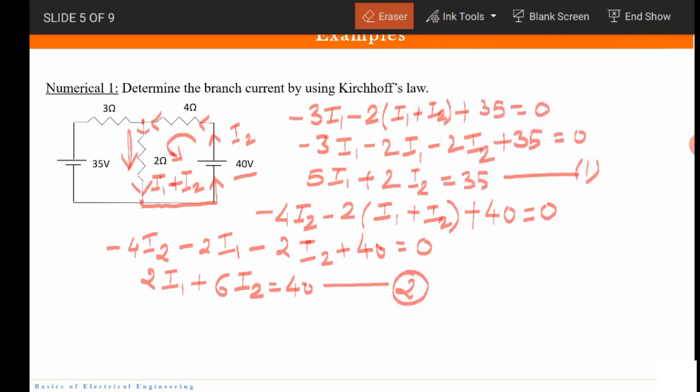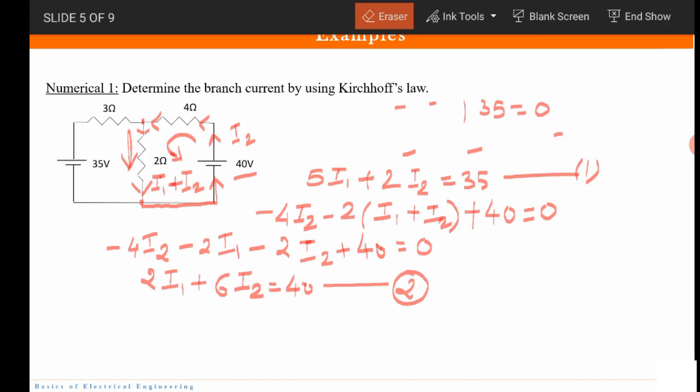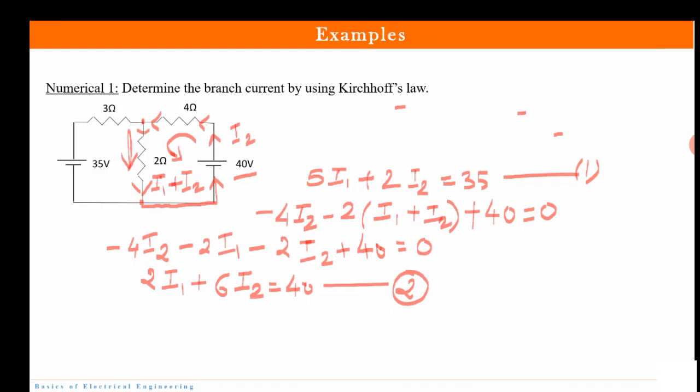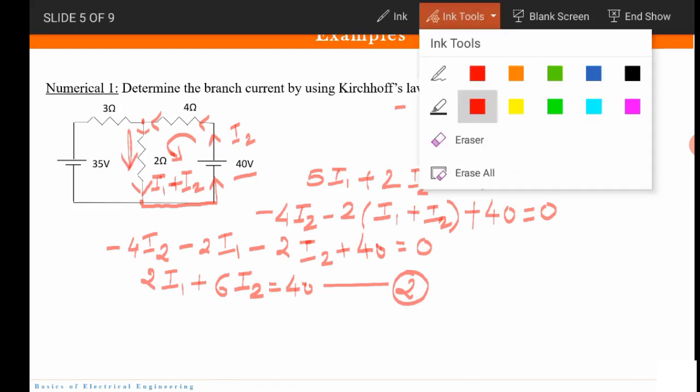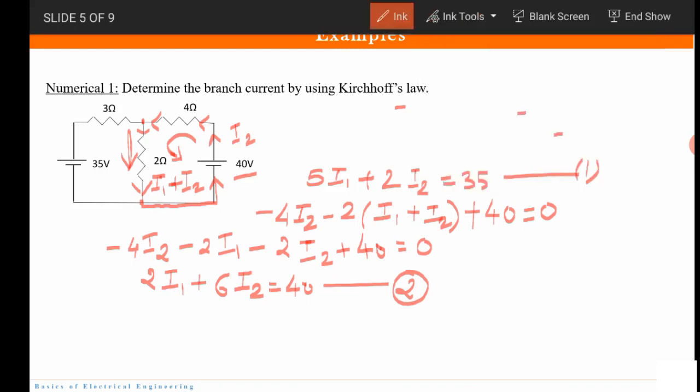So basically here we have two simultaneous equations and we need to solve these simultaneous equations. Okay, so how to solve these simultaneous equations? We have already studied this, right? So if you notice that here no common term is there.